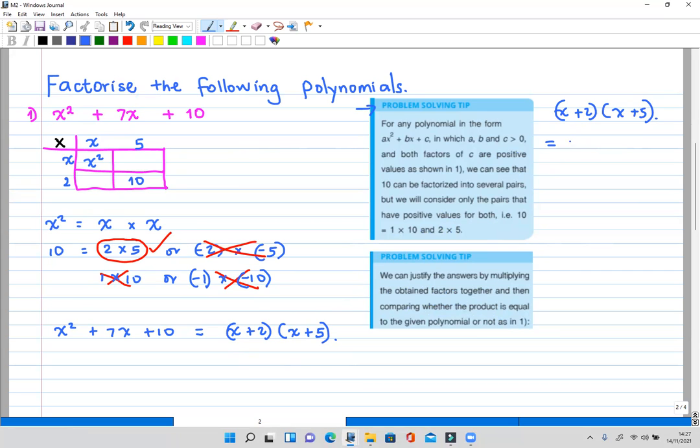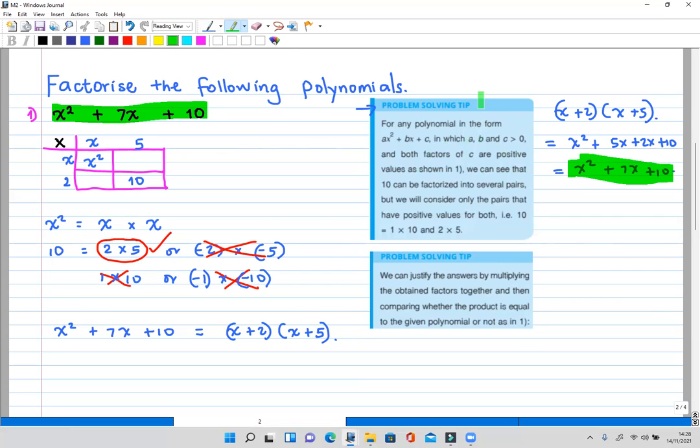So this will be x squared plus 5x plus 2x plus 10. And this will give us x squared plus 7x plus 10. So you can see that it will be the same as what we had in our question. I hope you have understood that.